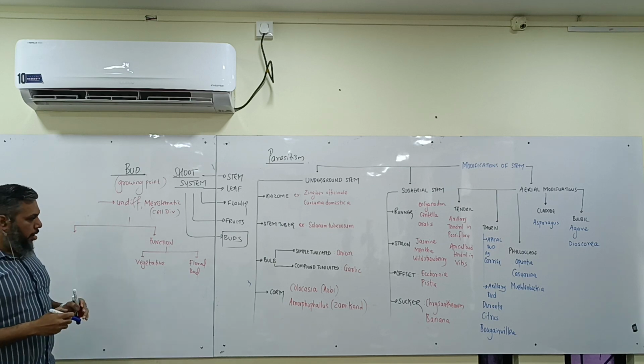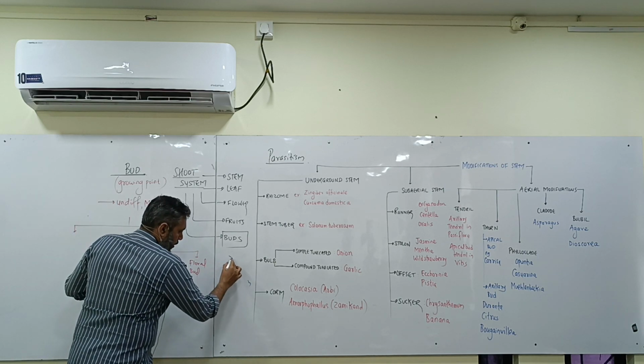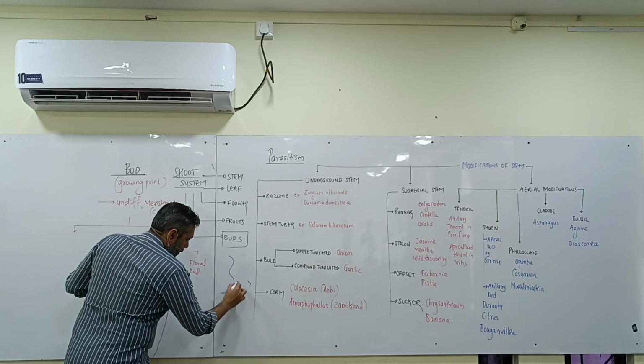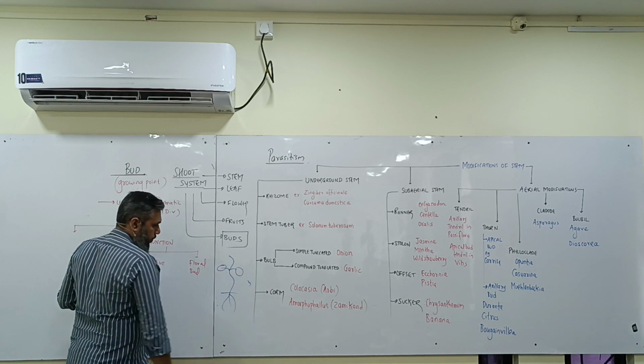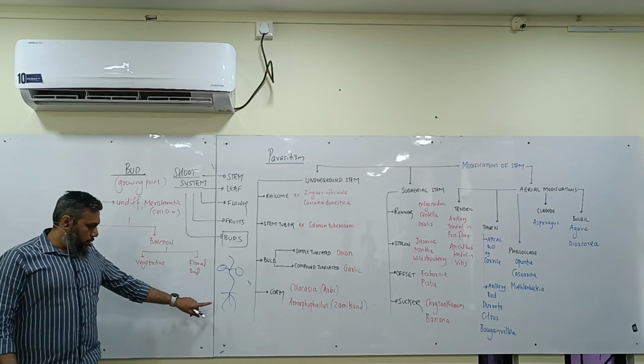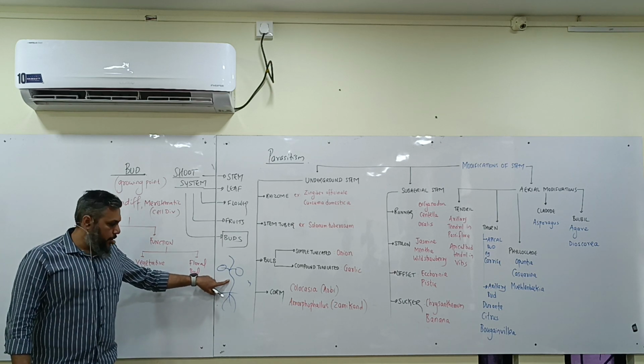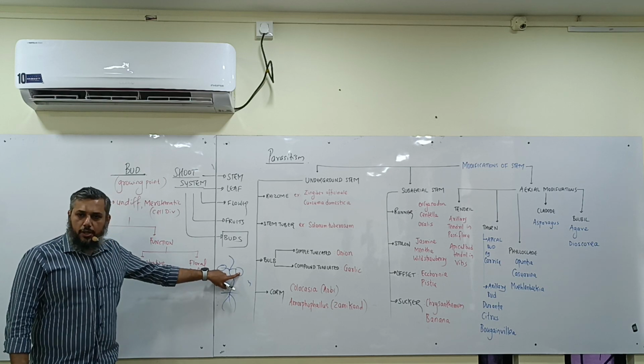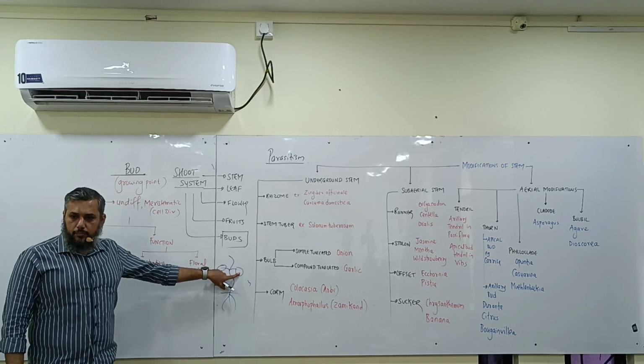Remember, the root, stem, and the leaf. These are called vegetative parts. The root, the stem, and the leaf are called the vegetative parts.